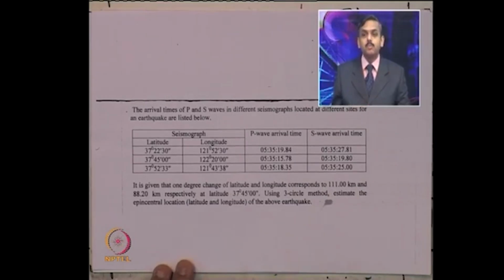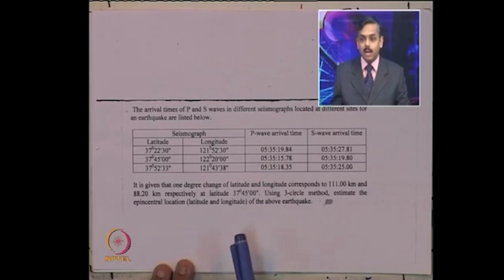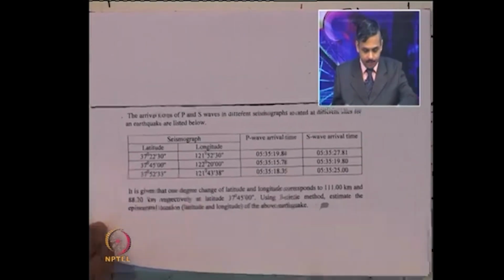So, what will be our initial first basic assumption? Let us assume it is a shallow earthquake, so that the crustal velocity of P and S wave can be considered for the calculation of the distance from the seismograph. So, let us do the calculation now, how to solve this problem.